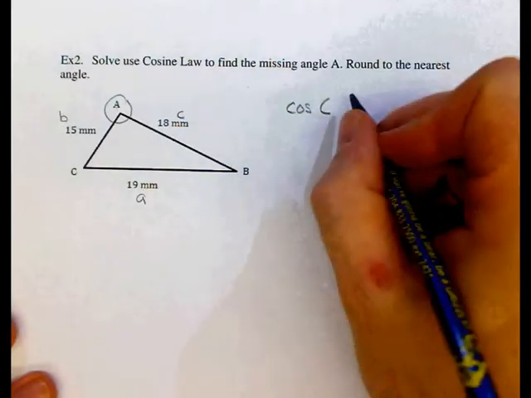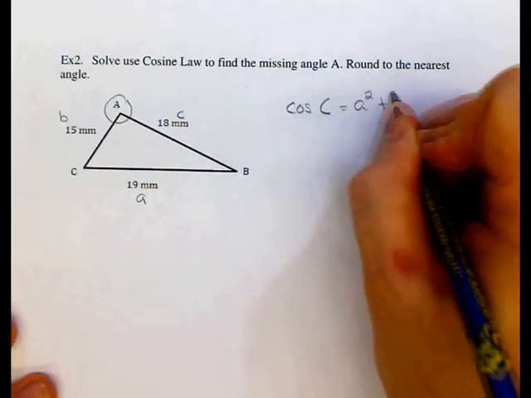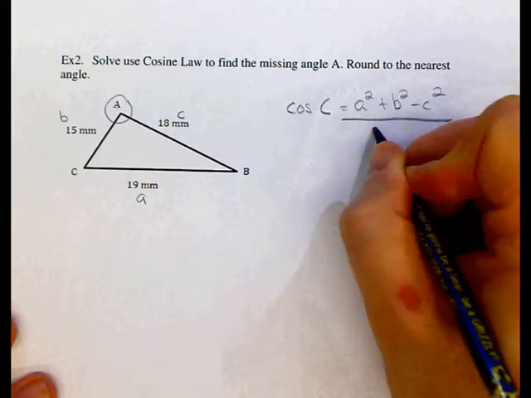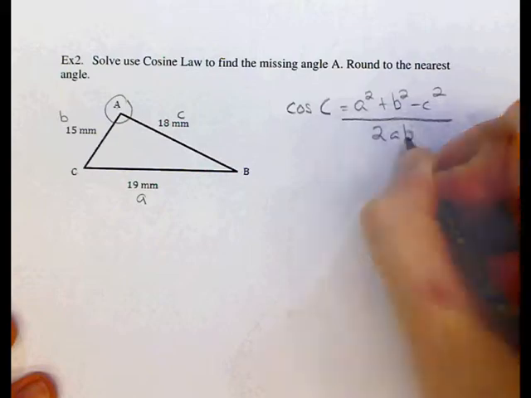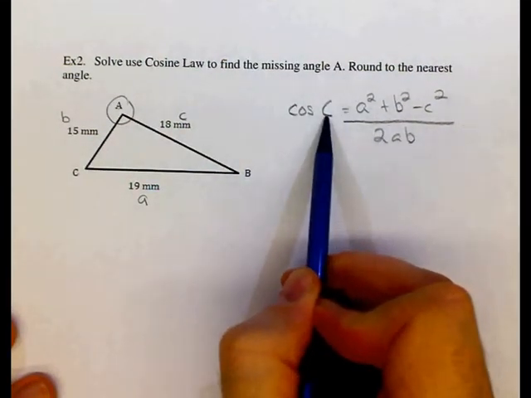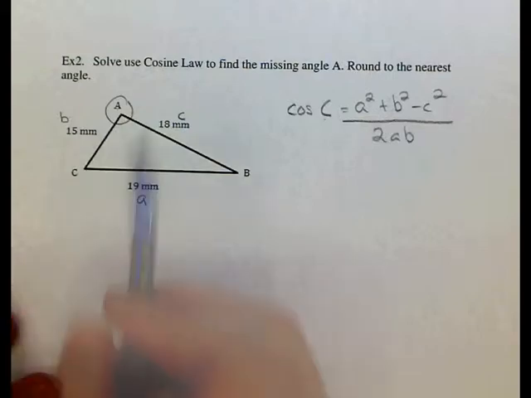Cos of C equals A squared plus B squared minus C squared over 2AB. Now you'll notice this says the cos of C, but my picture has A as my angle I'm looking for. That means I must relabel my triangle.